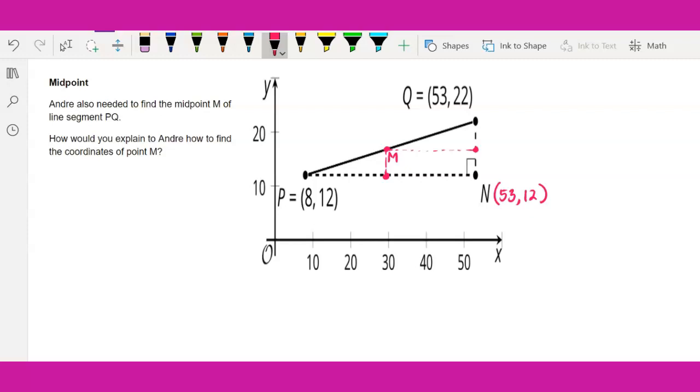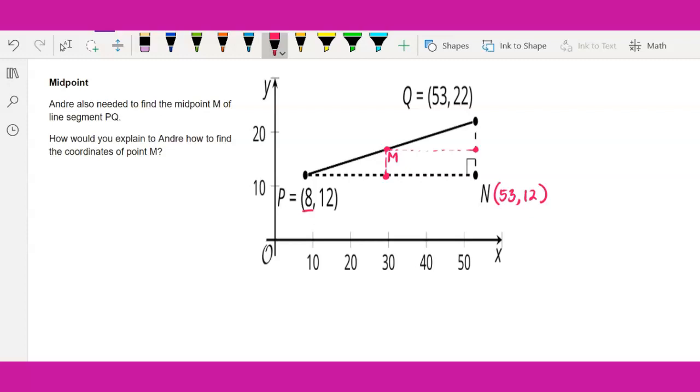So the x coordinate of M is the same as the x coordinate of the midpoint of the horizontal leg, and the y coordinate of point M is the same as the y coordinate of the midpoint of the vertical leg. The way to find the x and y coordinates of the midpoint is to add the x coordinates.